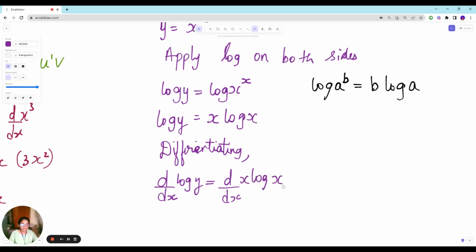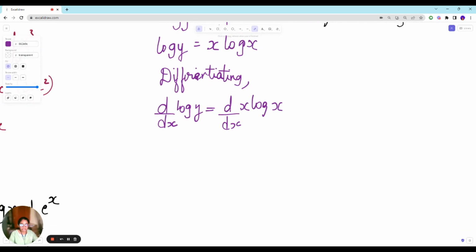What is differentiation of log y? It is 1 divided by y into dy by dx.